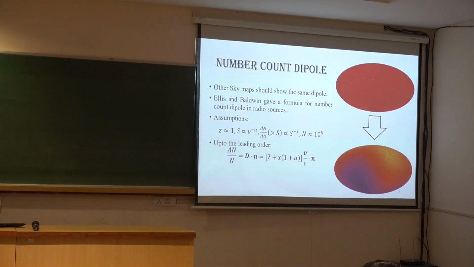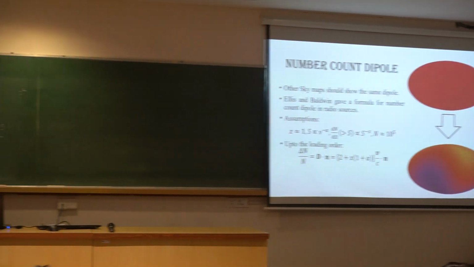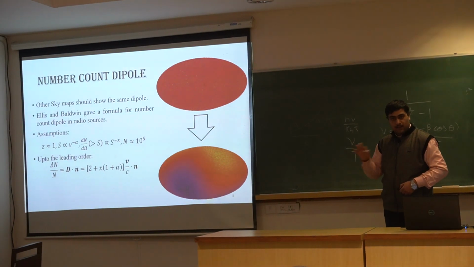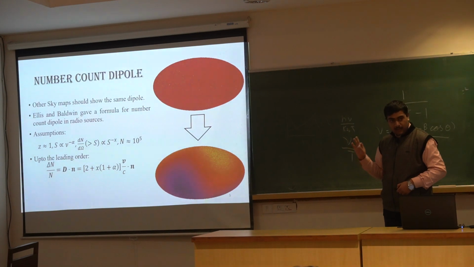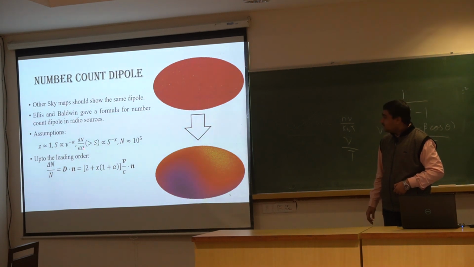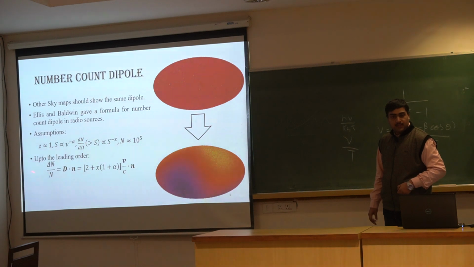What they assumed was that in your all sky survey, the median redshift of your sources was roughly 1, and that your flux depended on the observation frequency in a power law fashion. This second assumption is true regardless of your type of sources, it's a fundamental axiom. And if your number count density above some flux depends on that flux in a power law fashion, this was an assumption, and your number of sources is of the order of 100,000, then up to a leading order, your data would be modulated by this much amount.